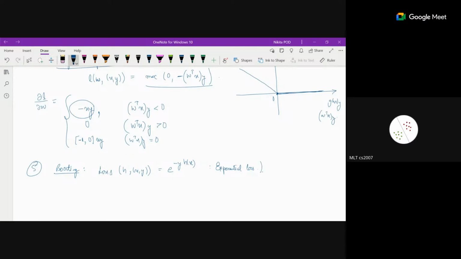So the takeaway from all these 5 examples is that your original problem was an NP-hard problem, but we are able to find different surrogate convex functions for different learning algorithms, and those are giving you a better approximation and somehow dealing with the NP hardness of the 0-1 loss.